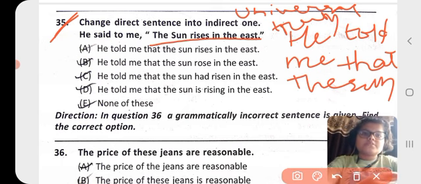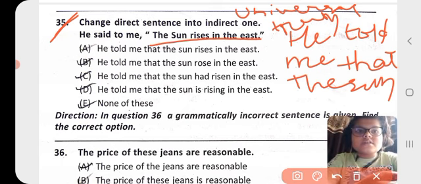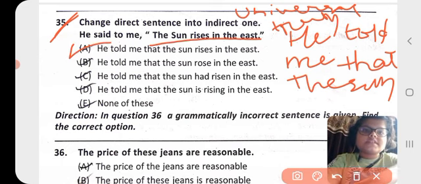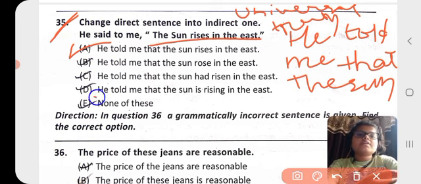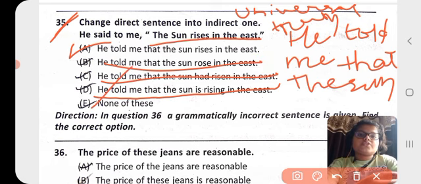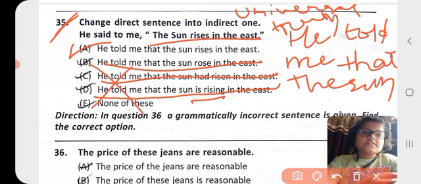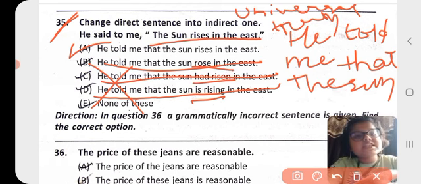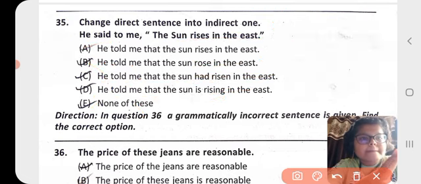So let's see. In option A, the answer is correct. He told me that the sun rises in the east. So you see that we do not use any other tense other than present indefinite. So the other answers are wrong. It is present continuous here, it is past, and this is also past. Let's move on to the next question.